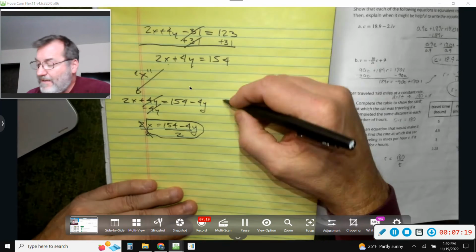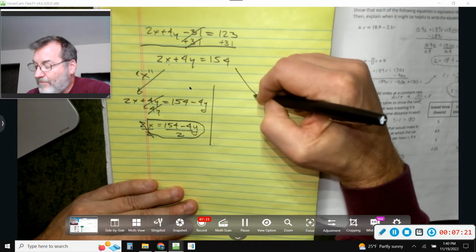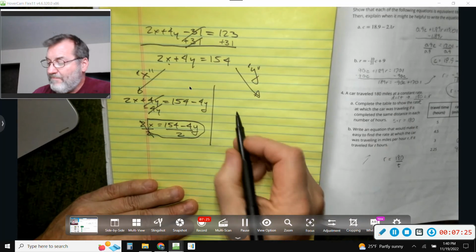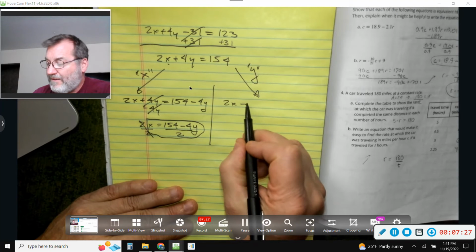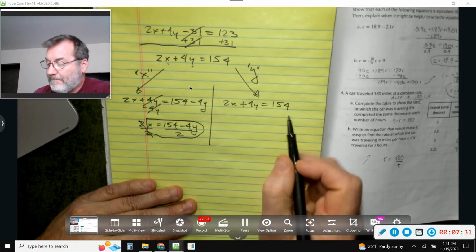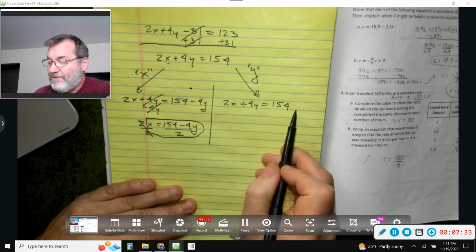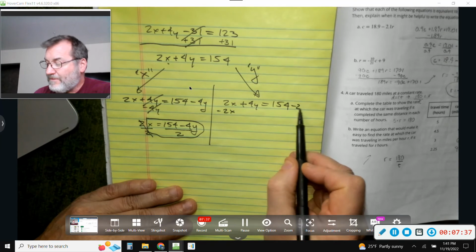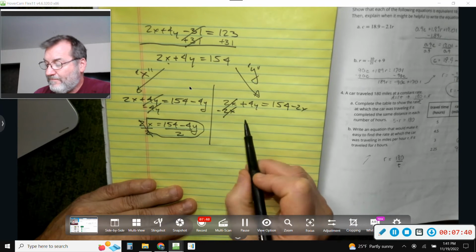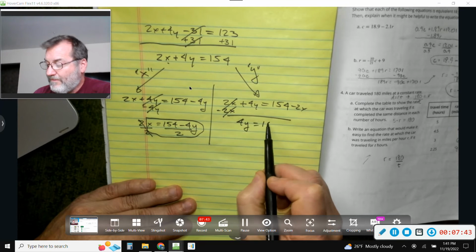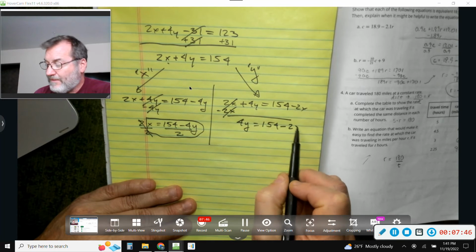Let's take these same kind of steps, and now we'll solve it for y. So I'm going to start with the same base equation, 2x plus 4y equals 154. Solving for y, so I got to move the 2x over here. How do we do that? Subtract 2x from each side. Cancel, cancel. And I get 4y equals 154 minus 2x.